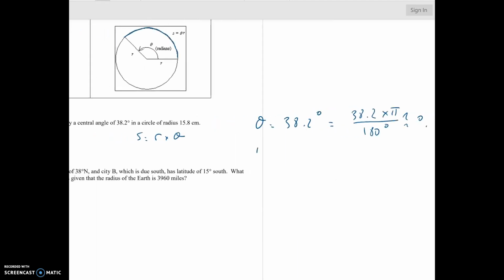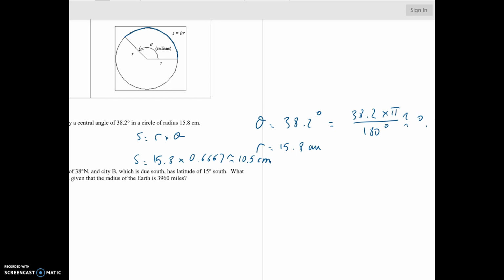The value of R will be equal to 15.8 centimeters. So when you calculate S, you substitute R by 15.8, multiply by the angle theta in radians, 0.6667, and you are going to find a value of S of 10.5 centimeters.